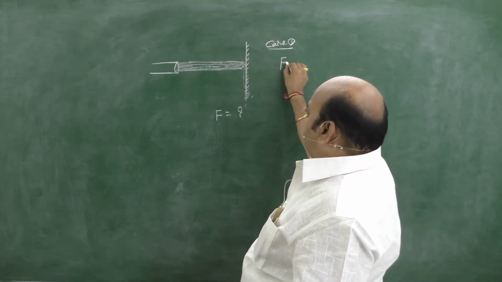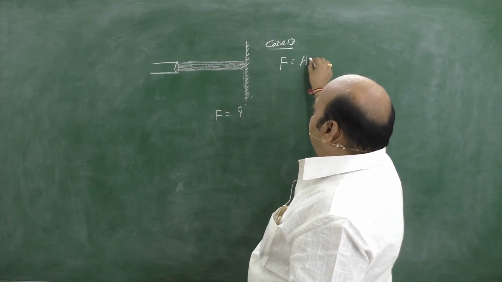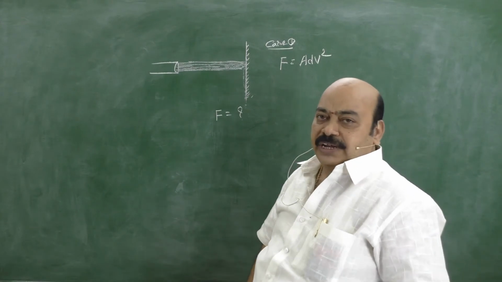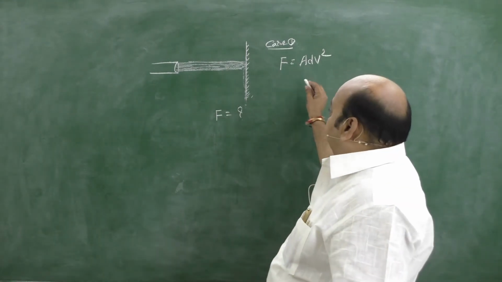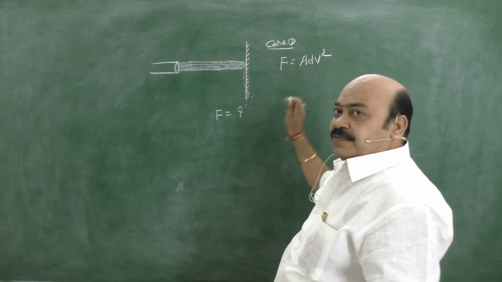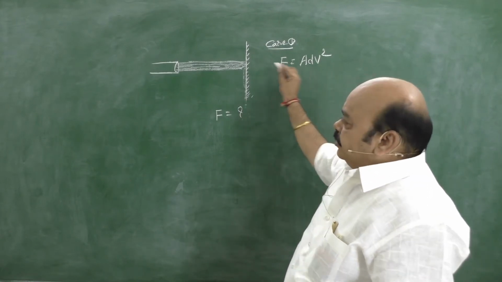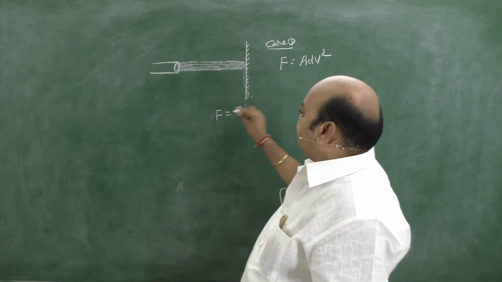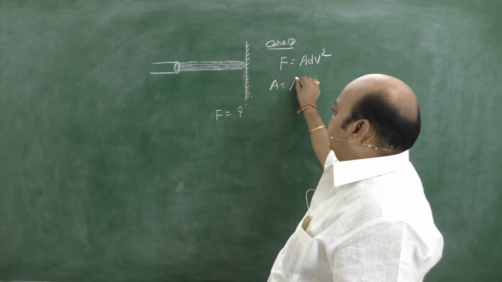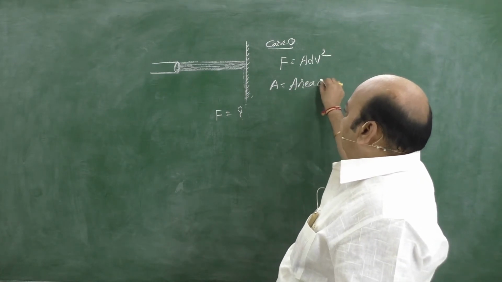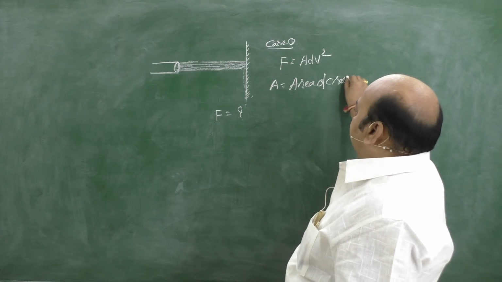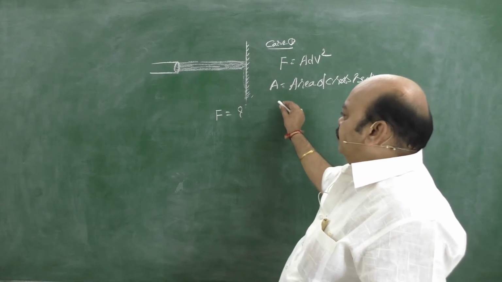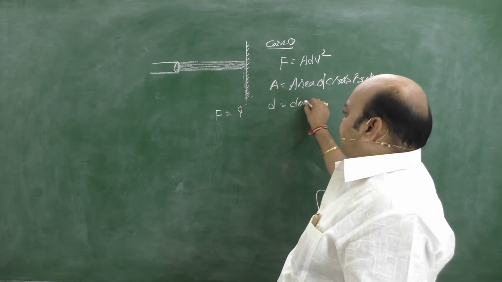Then the force exerted on the wall, F, is given by A d V square. F is equal to A d V square, where A is the area of cross section of the pipe, and coming to d, the density of water.